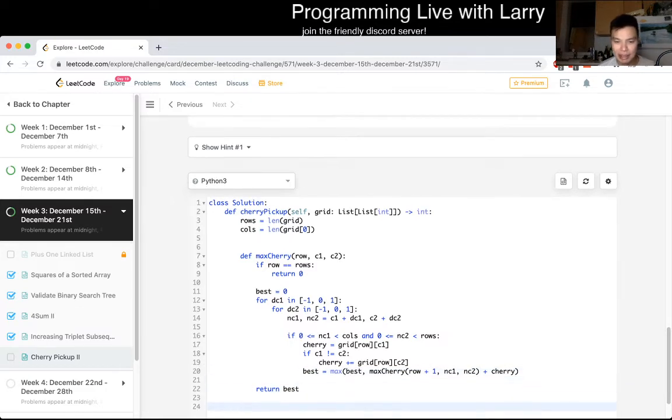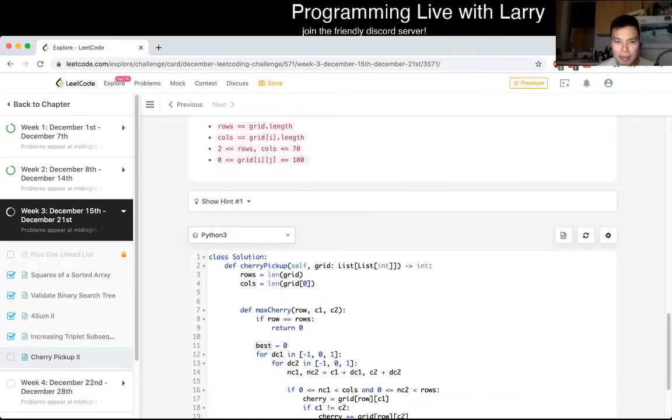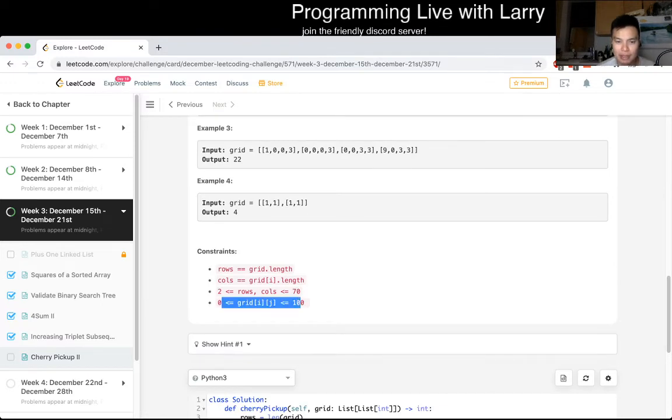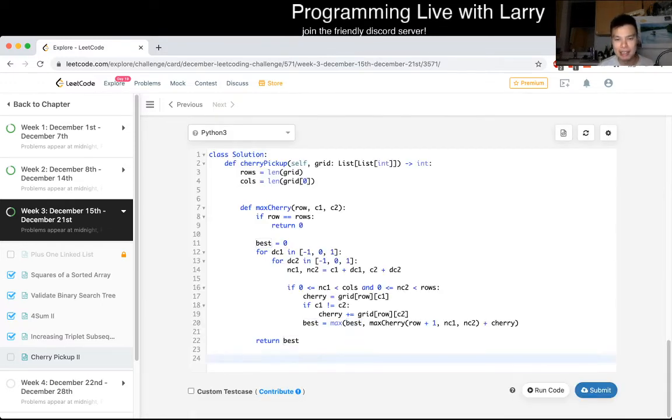Basically here we just take the max cherry that we could take either from here or the previous best. Just want to make sure there are no negative numbers or anything weird. Okay, no, 0 to 100, so that's fine. So now we just have to return max cherry. We start from row 0. The first robot starts from 0 on the left, and C2 is just columns -1.